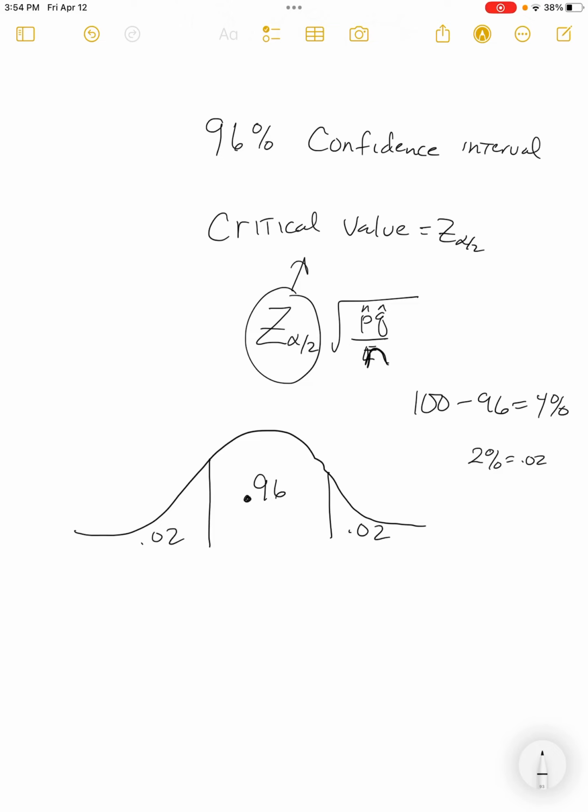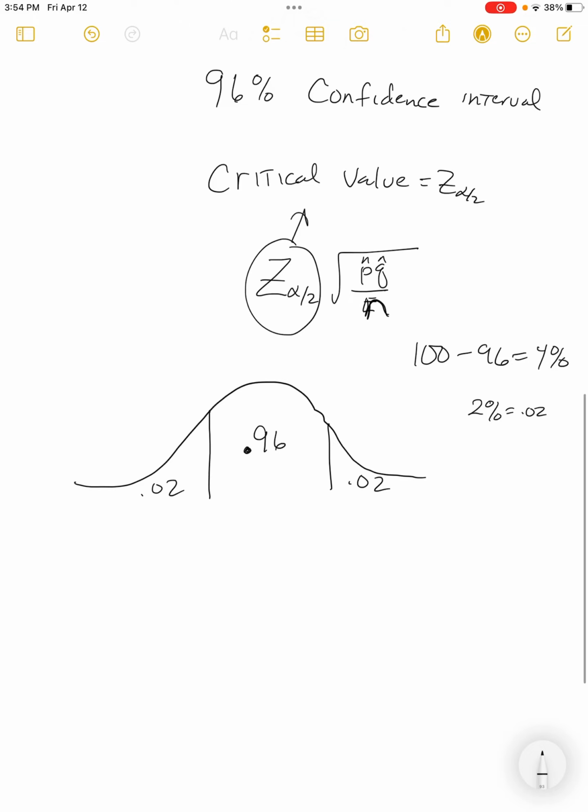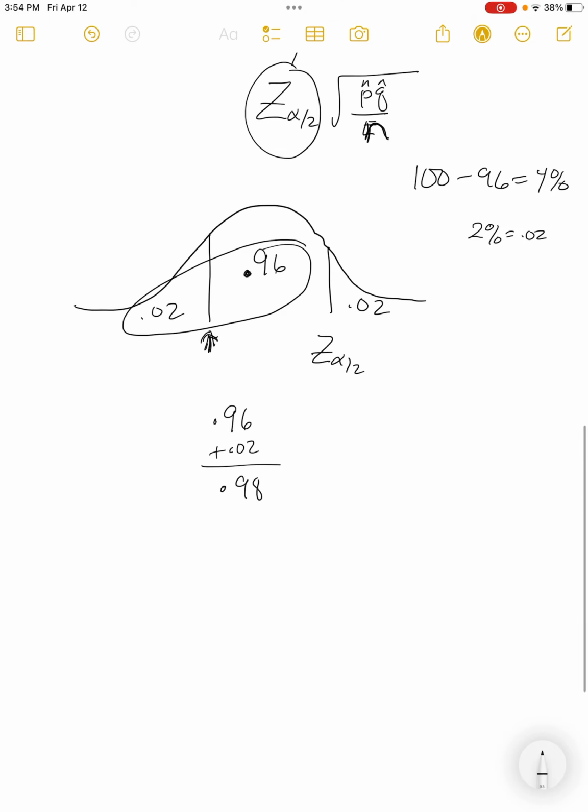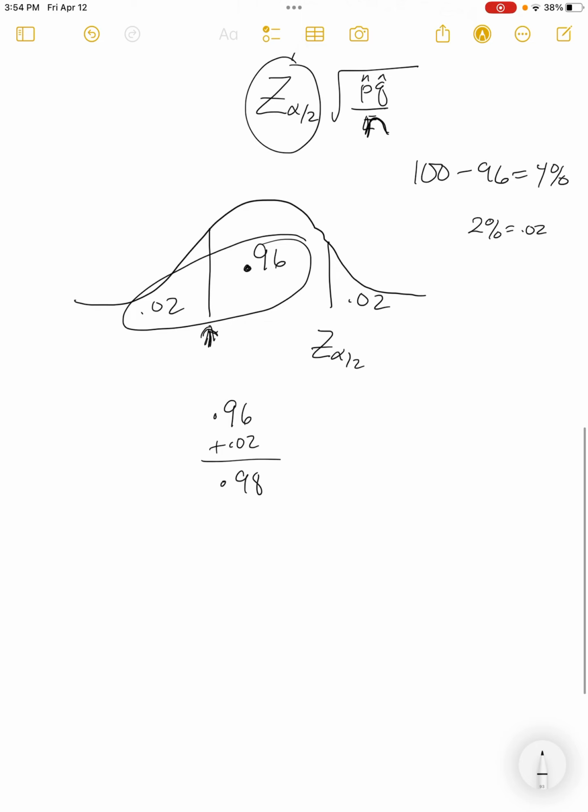Notice if you were to add up all those numbers, they'd add up to be 1 for 100%. Well, we remind ourselves z alpha over 2 is this value. So all I have to do is go into the chart with the full area to the left. The full area to the left is the 96% that brings me up to this little point right here, plus the additional 0.02 for 0.98. So I'm looking for 0.98 as an area to the left in the chart.